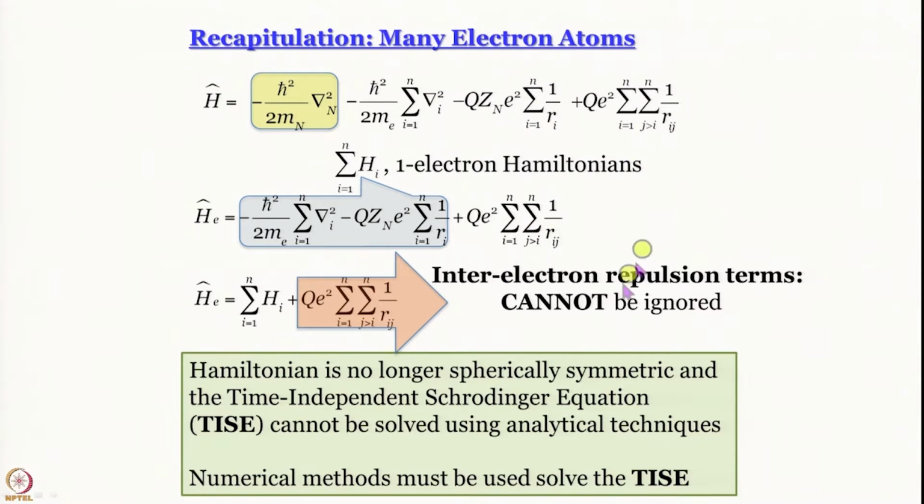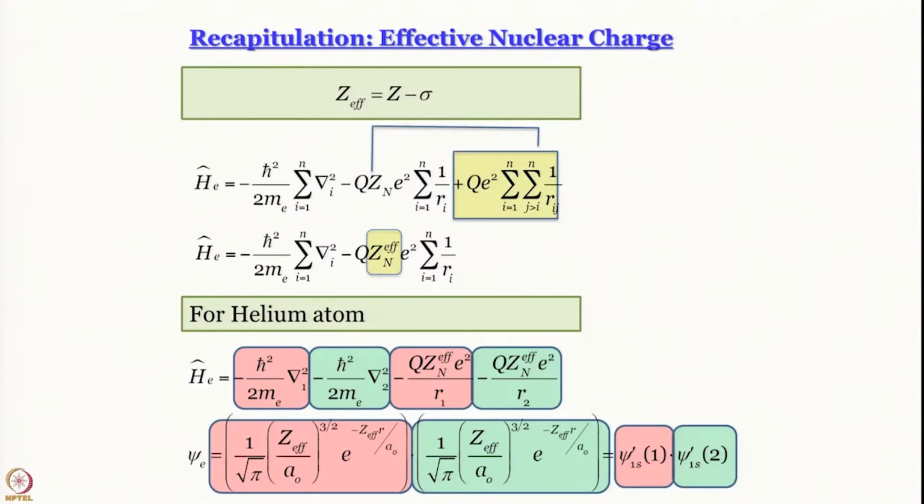So, basically that number of terms will be there for this electron repulsion, and what we have learned, well, 2 weeks ago, is that this electron repulsion cannot be ignored. Remember, to start with we had tried to wish it away and learned very soon that you cannot do that. So, then what we said was, let us build this electron repulsion term into the nuclear charge itself.